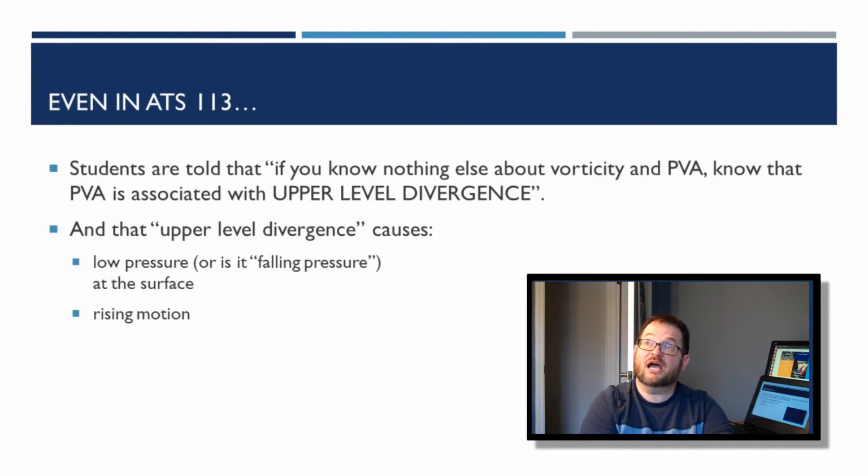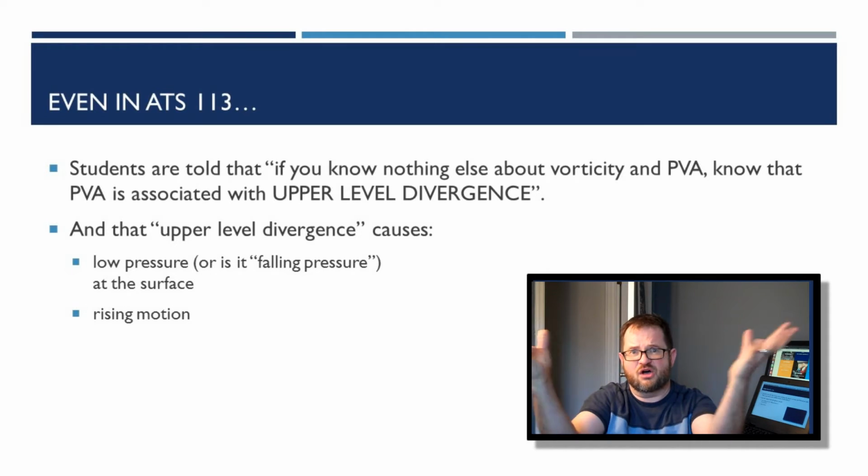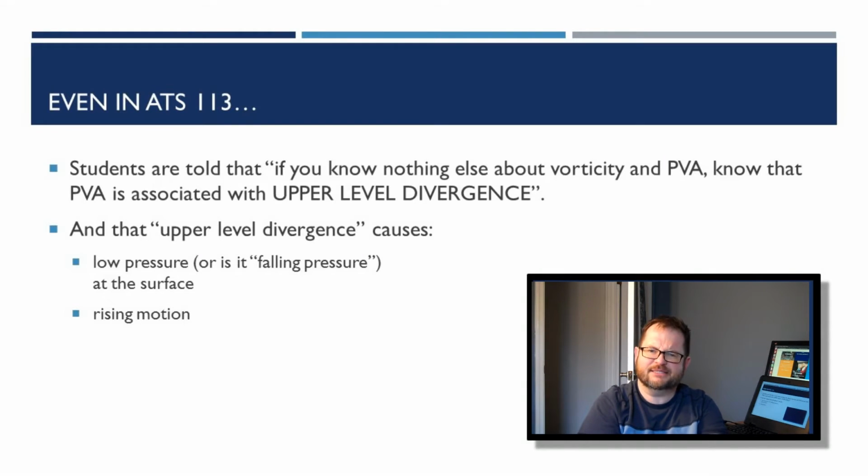Or it could have to do with upper level divergence being part of the story of rising motion and sinking motion for that matter too, although upper level divergence will always turn out to be associated with rising motion. Now you might think, oh, I get it. Air diverges aloft, the air is spreading out in the upper troposphere, and air rises from the surface to take its place. It's not that simple, although that's not a horrible way to think about it, but we'll talk about that in Tuesday's class.